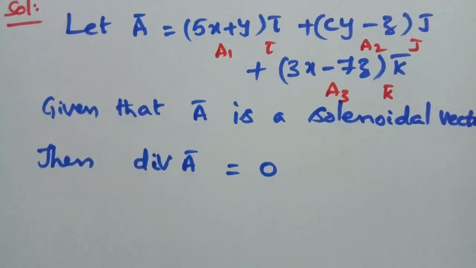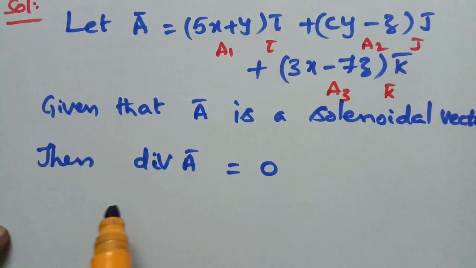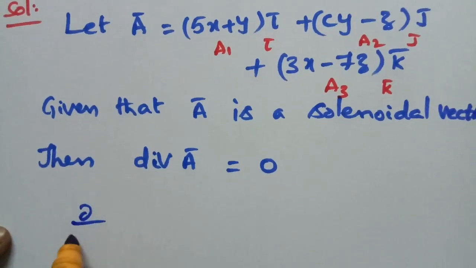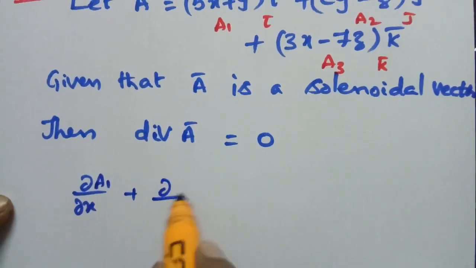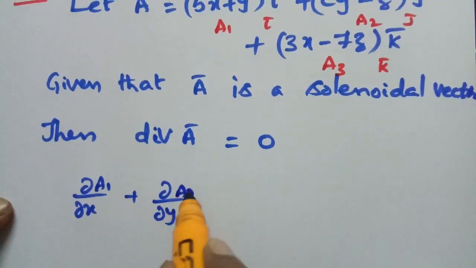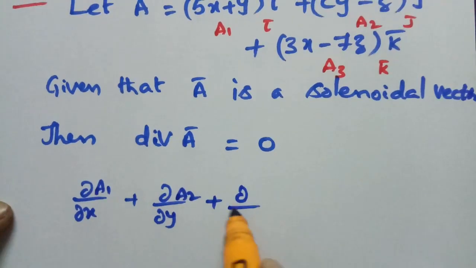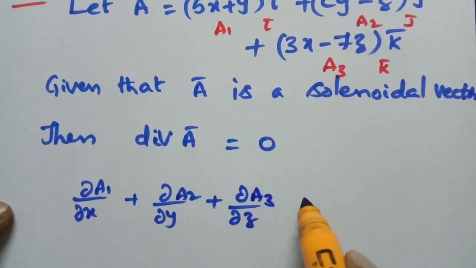Therefore this can be written as dou by dou x of a1 plus dou by dou y of a2 plus dou by dou z of a3 equal to 0.